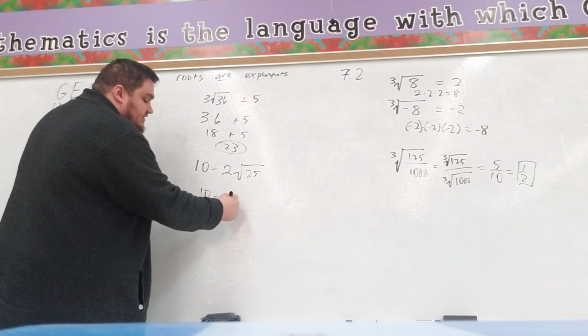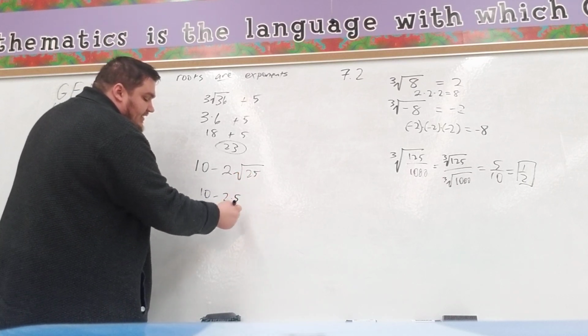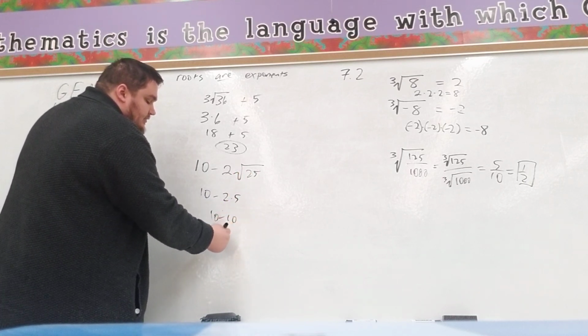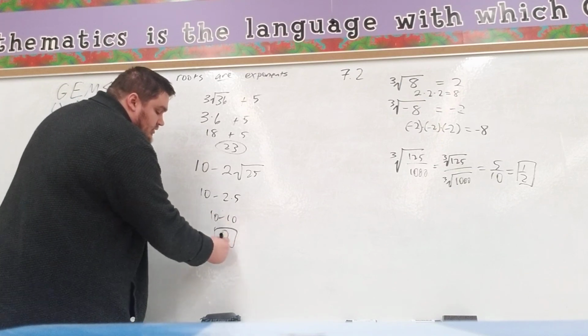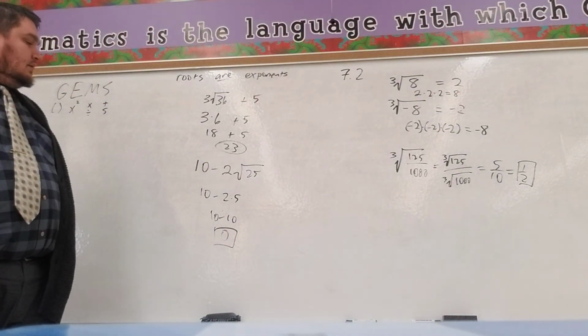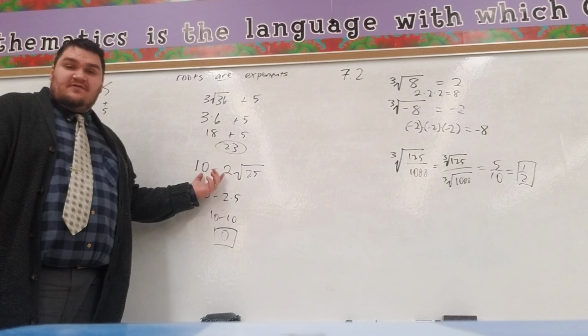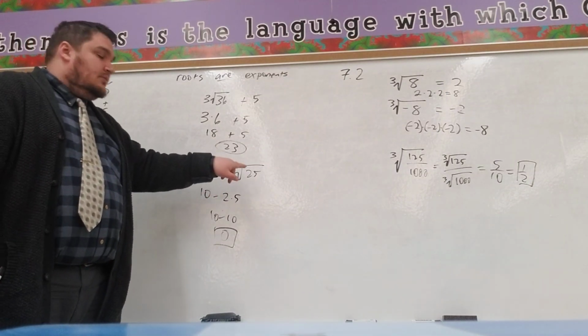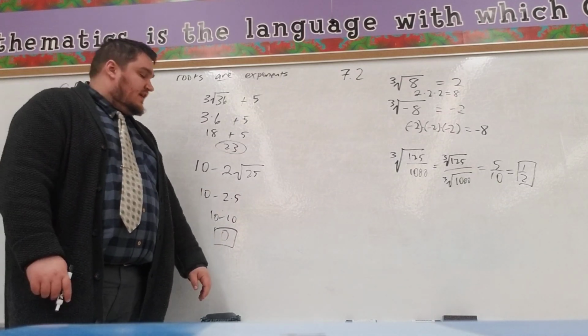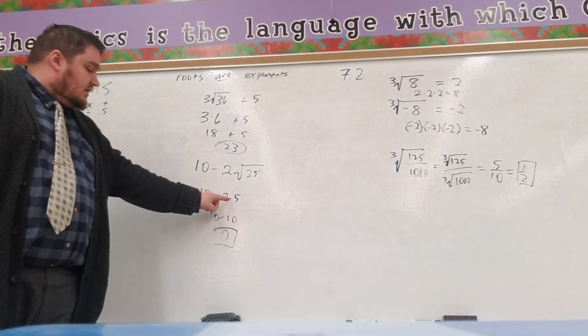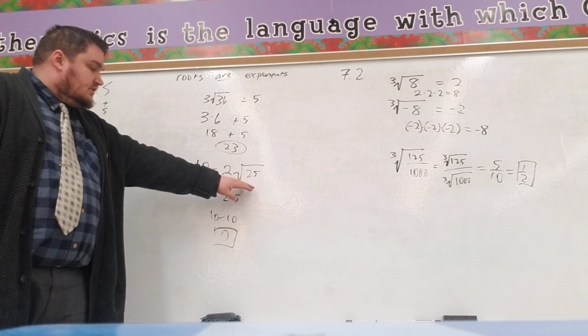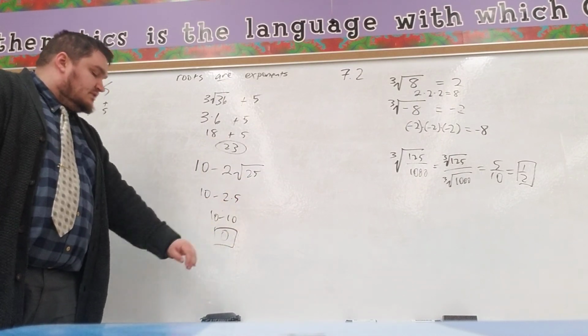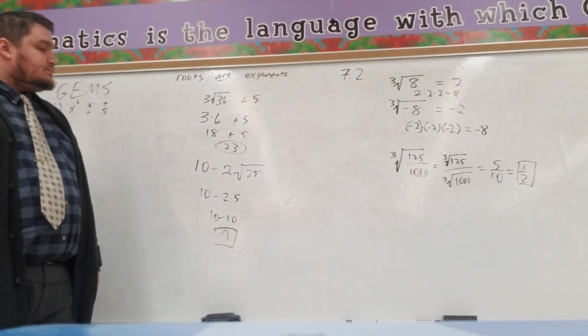So we get 10 minus 2 times 5, 10 minus 10, which is 0. A lot of people would have said that the answer to this is 40, because they would do 10 minus 2, which is 8, and multiply it by 5, which would be 40. But that is incorrect. You have to do the square root first, multiply next, and then subtract only at the very end.